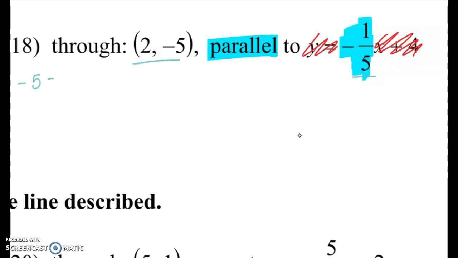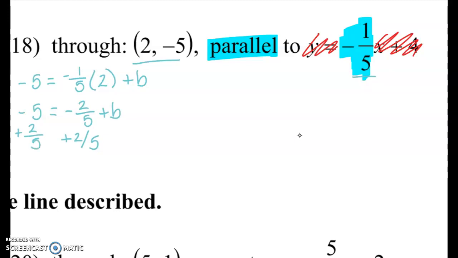So negative 5 is equal to negative 1/5 times 2 plus b. Negative 5 is equal to negative 2/5 plus b. We're going to add 2/5 to both sides. Negative 5 is the same as negative 25 over 5.